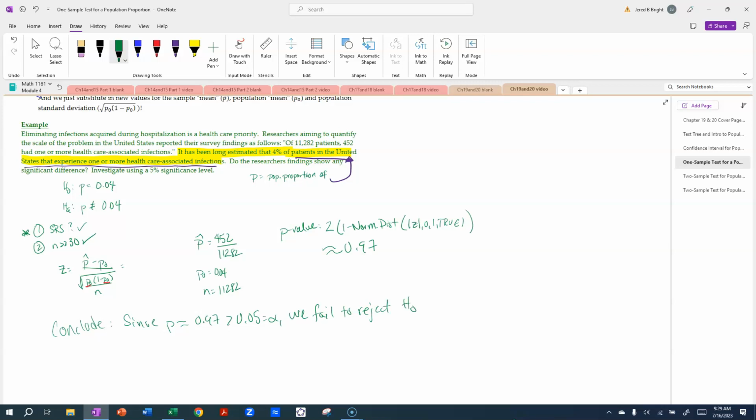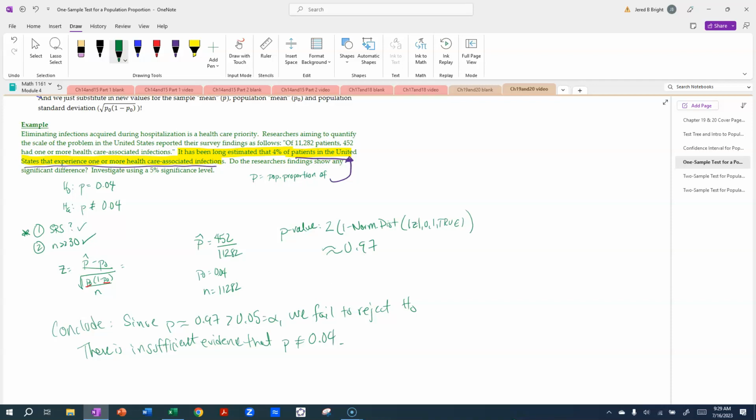And then I'm going to say there is insufficient evidence that p is not equal to 0.04. I'm just going to write this in symbols. I would write this out in words, just so that I'm acknowledging the context, but I'm trying to save some time because this is a long video, okay?